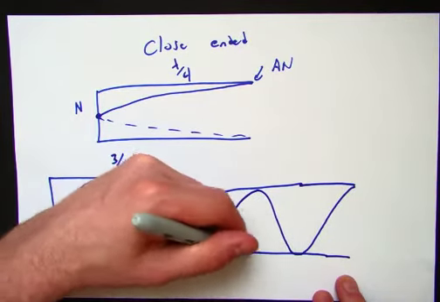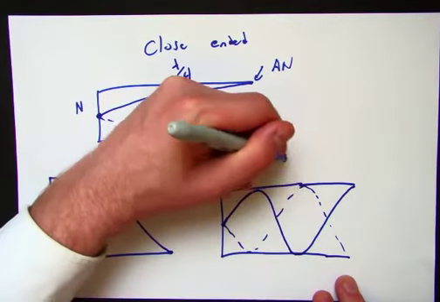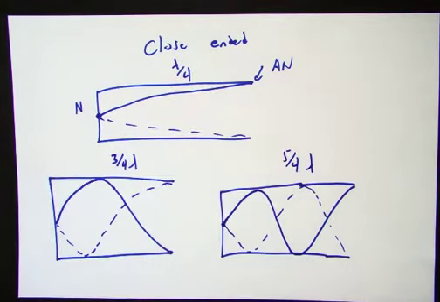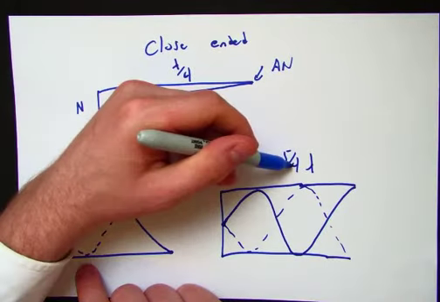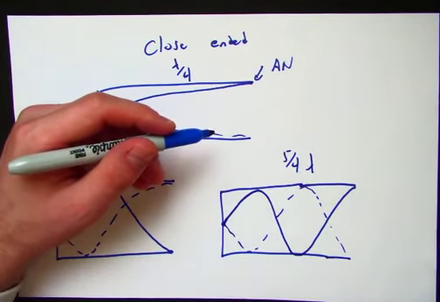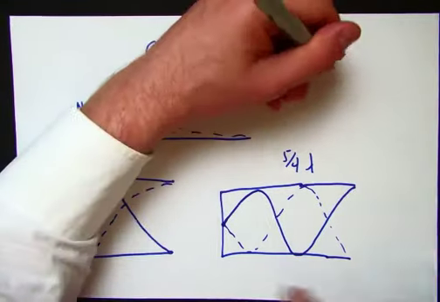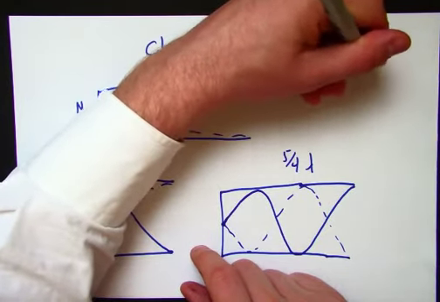And so in this case, I actually have 1.25, which is 5/4 lambda. You'll see a trend here: a quarter, 3/4, 5/4. The next one would be 7/4.